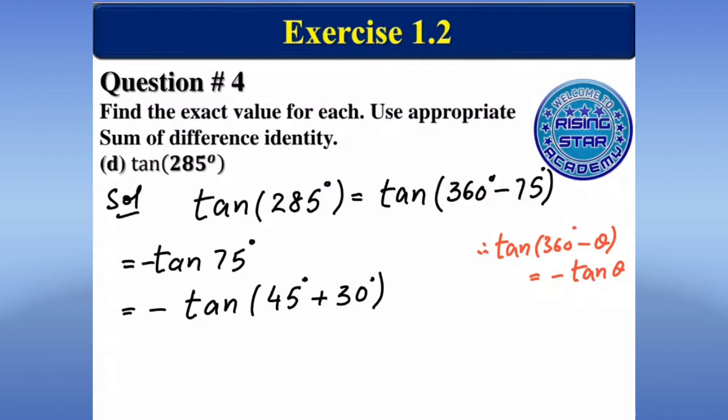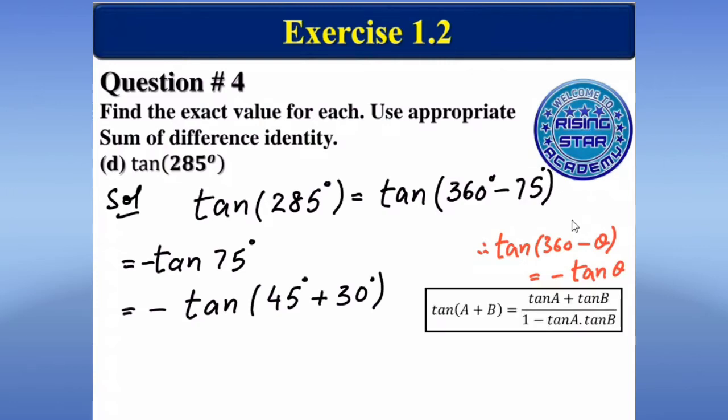So here we will apply the identity for tan A plus B. Let me write. So here my A value is 45 and my B value is 30. Now I will apply according to it.